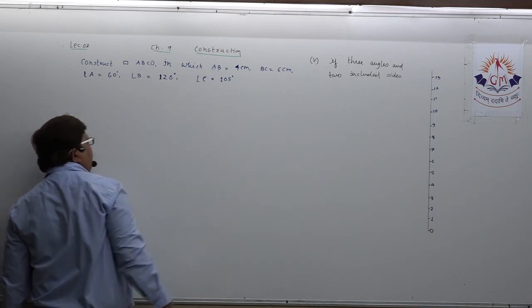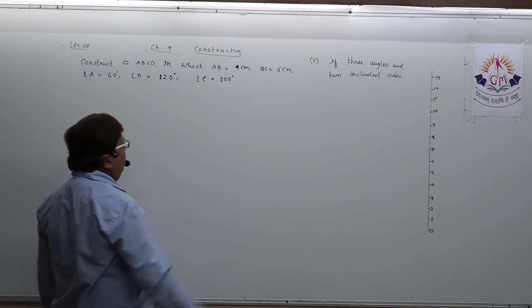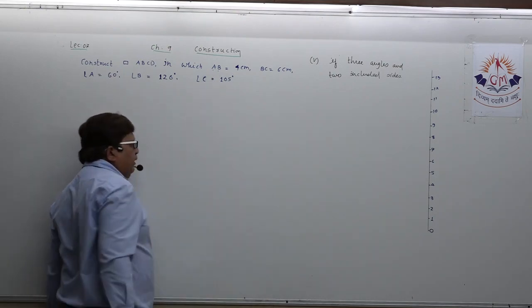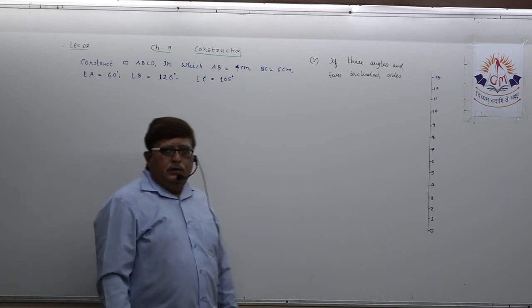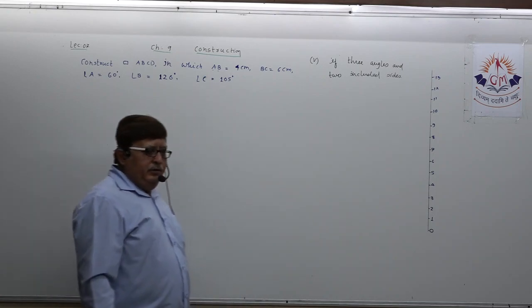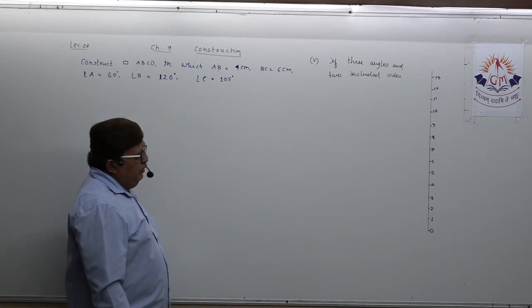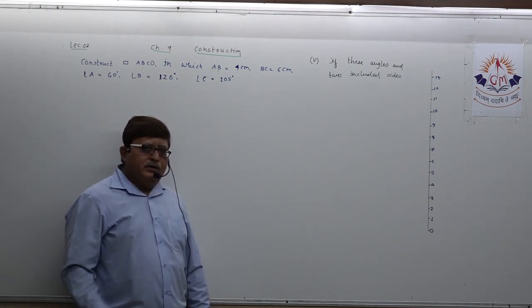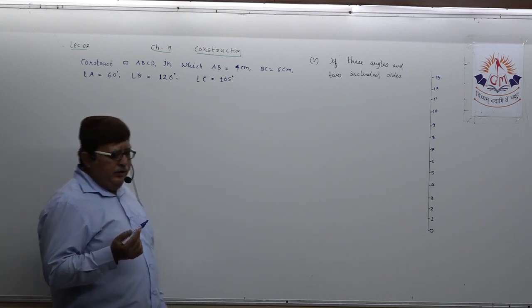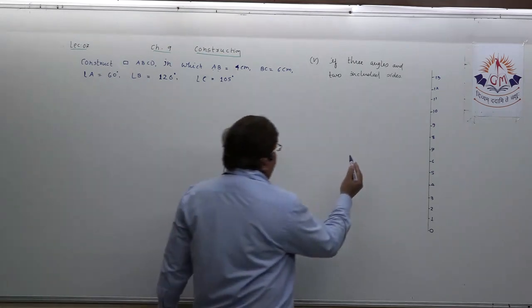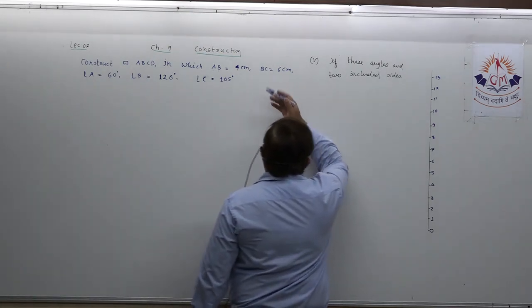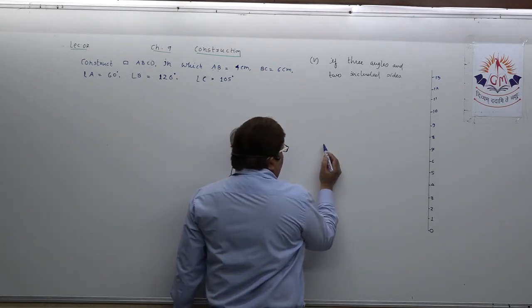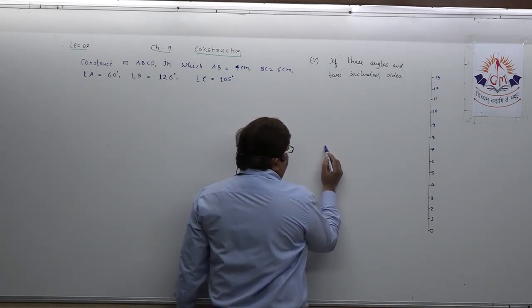Yes, you are getting the facility. AB given, angle A and angle B given. BC given, angle B and angle C both given. So it becomes a little easier for you to draw the rough sketch. I am just showing you the rough sketch here. I may target any of the sides. Let me target AB.